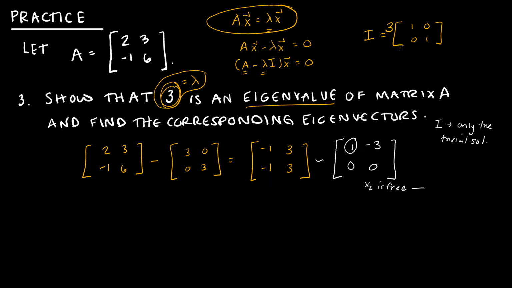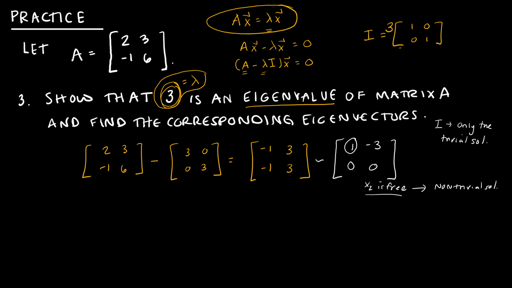What I have is a free variable, and when you end up with a free variable, then obviously we have a non-trivial solution, and therefore it's an eigenvalue. So what I've done so far is answer the first part of this question that says show that 3 is an eigenvalue. And by doing these calculations and finding that I have a free variable, I have shown that in fact 3 is an eigenvalue.